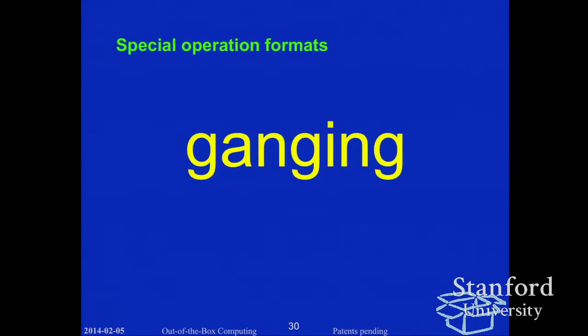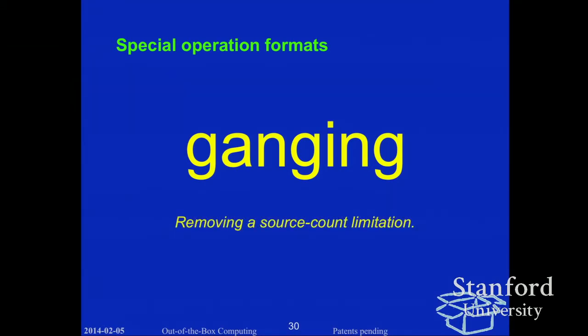Now, so much for phasing, which is the attachment of operations temporally. In addition, we need to address the possibility of combining operations horizontally, not temporally, but spatially. That also exists on the Mill, and it's called ganging.